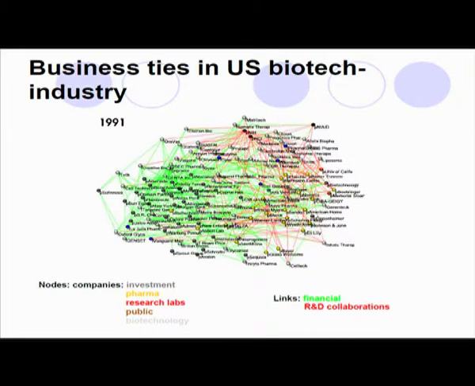Now in the next slide I show you the snapshot of the same set of organizations but taken in 1991. You immediately see differences, right? The first difference is that the number of edges in the network has increased manifold. Also, you clearly see that there are two partitions of nodes.